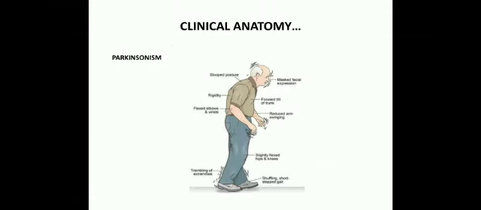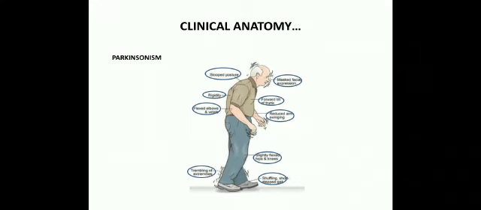So, here you can see the features like masked facial expression, the stooped posture, rigidity, forward tilt of the trunk, flexed elbows and wrist, reduced arm swinging, slightly flexed hips and knees, then shuffling short stepped gait and trembling of the extremities.